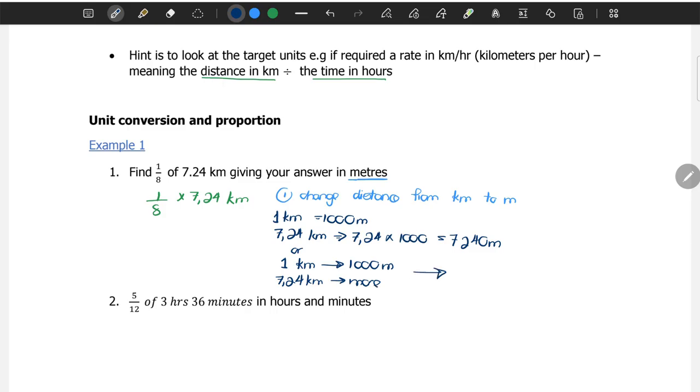And this then translates to 7.24 over 1 times 1,000 and gives us 7,240 meters. So you get the same answer, just that some people can easily go to the direct method, or you have to use proportion just to cross-check that you're not making a mistake. So firstly, change distance from kilometers to meters.